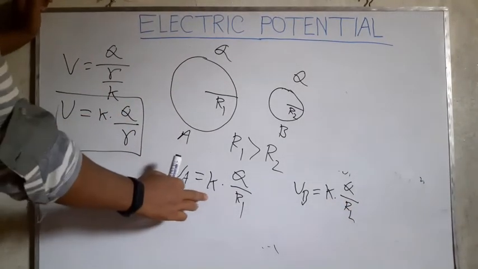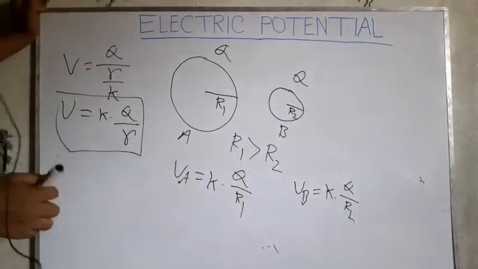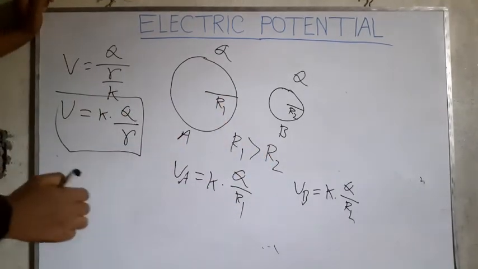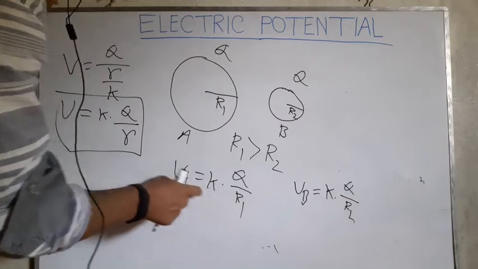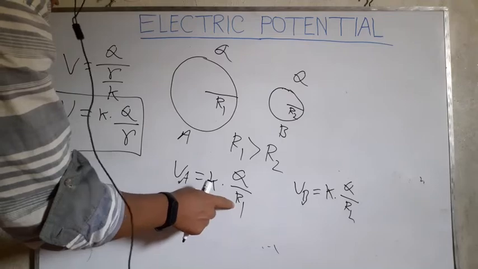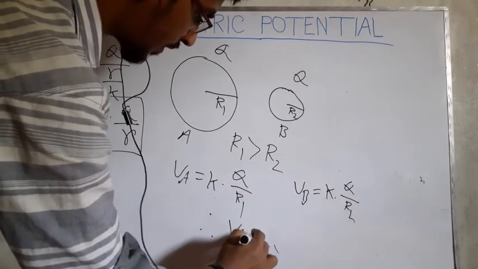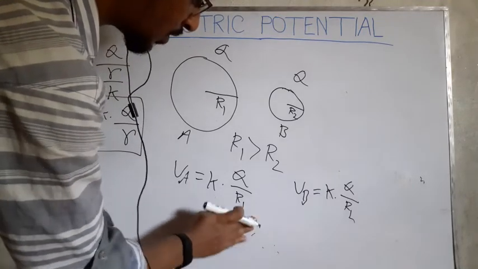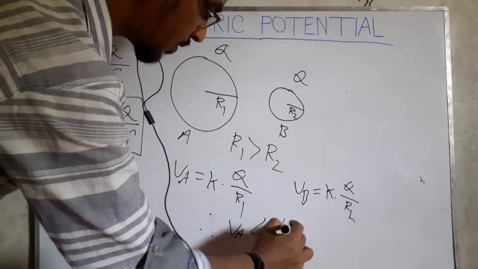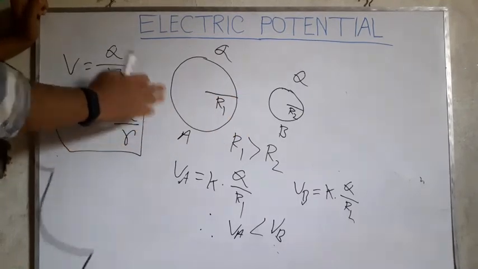Here R1 is greater than R2. Therefore, VA will be less than VB. Potential of body B is higher than the potential of body A.